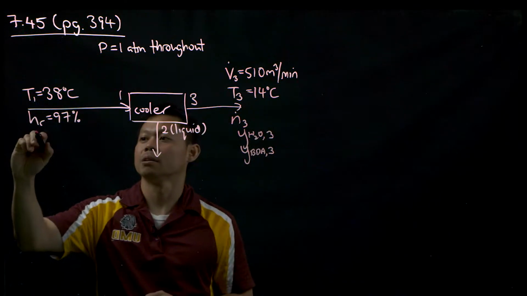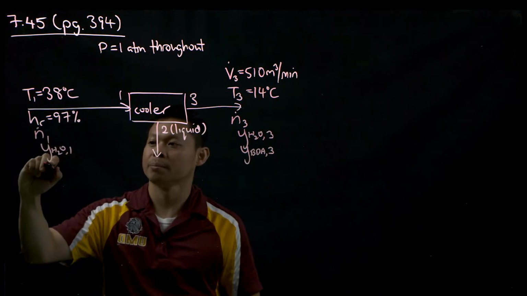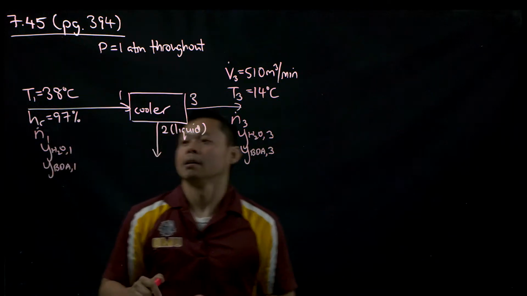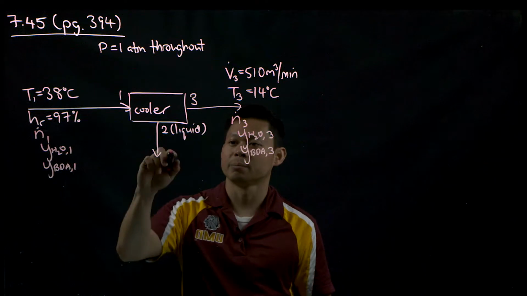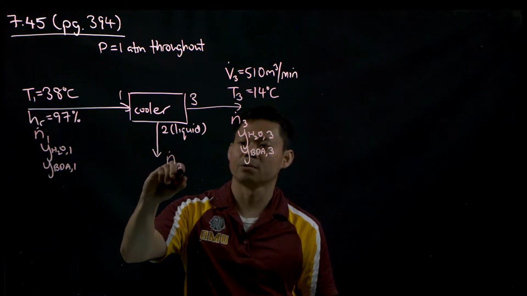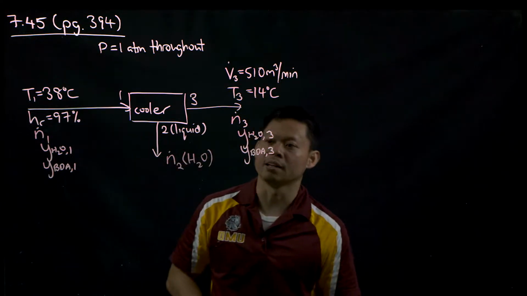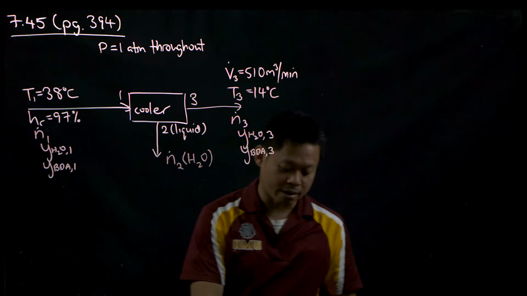We have our molar flow rate and our water vapor with our bone-dry air. Down here is all liquid, and we know that bone-dry air is not condensable, so we just have the flow rate because we know that this is pure water. We don't need to write any mole fractions associated with this. All right, so here's our diagram.